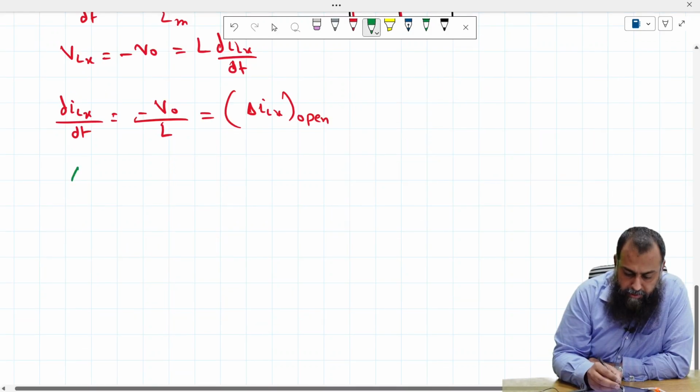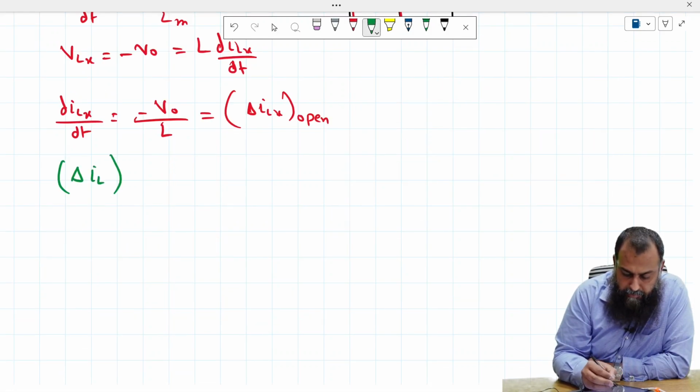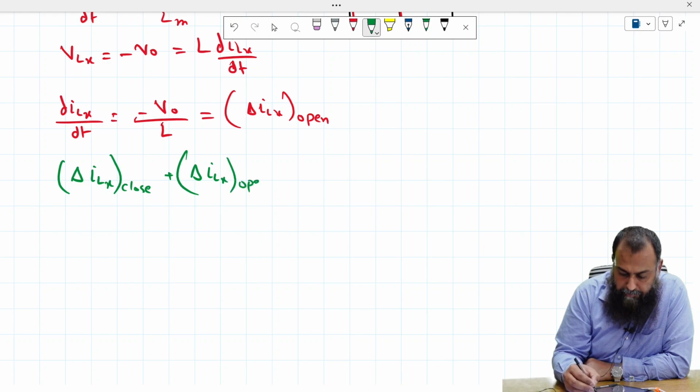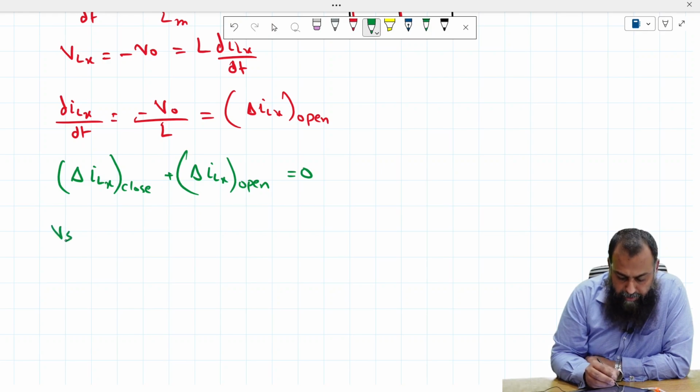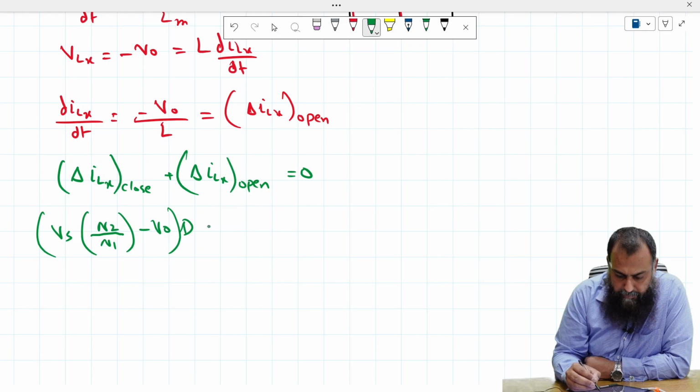So delta ILX close plus delta ILX open must be equal to 0, and therefore this becomes (Vs N2/N1 minus V naught) into D minus V naught into D dash, that is equal to 0.